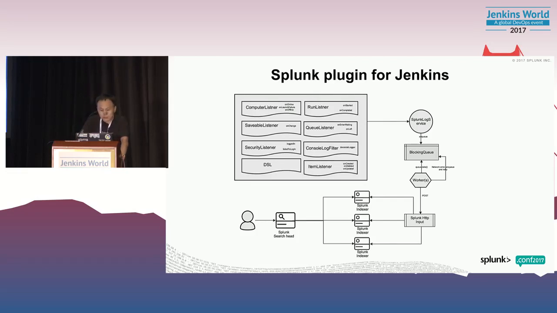For the console log filter, we send the Jenkins build console logs near real time to Splunk. And at last, we provide some DSL to allow users to massage the data, or inject some customized metadata.